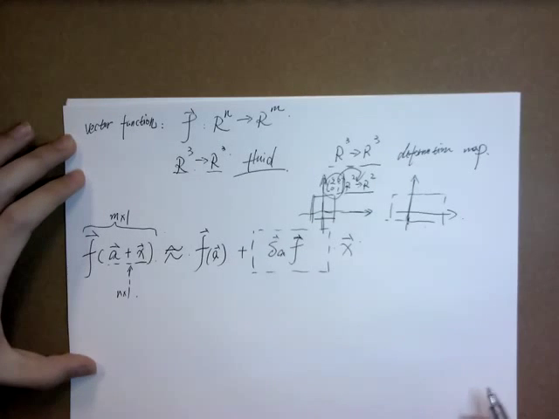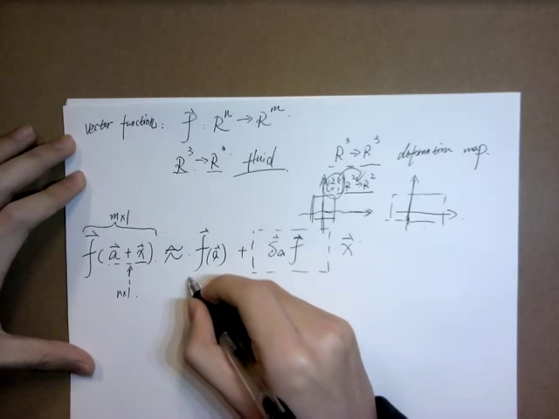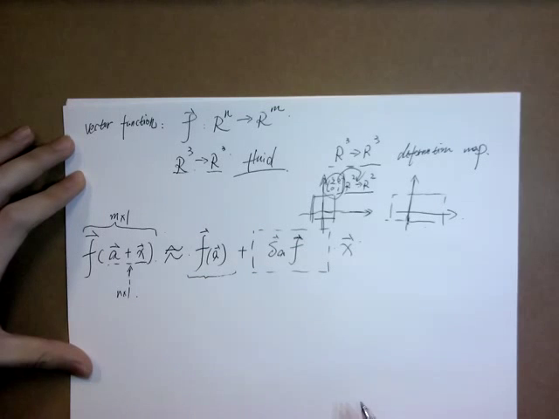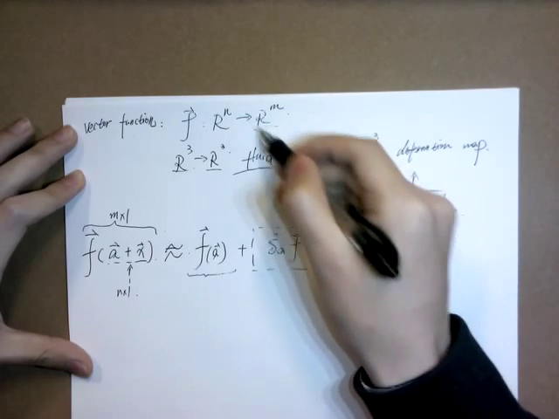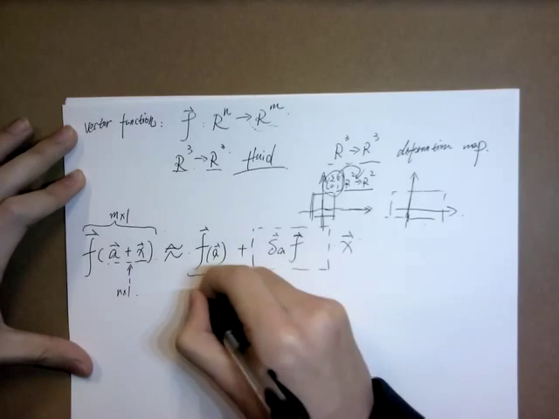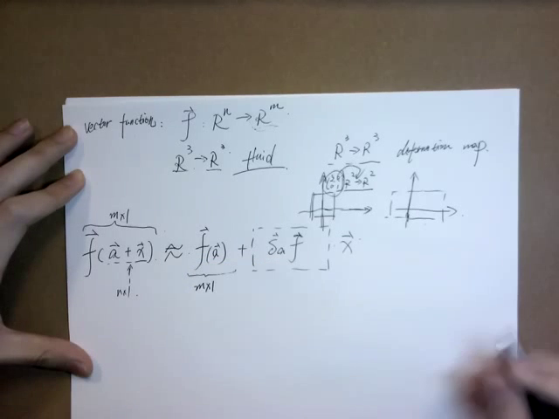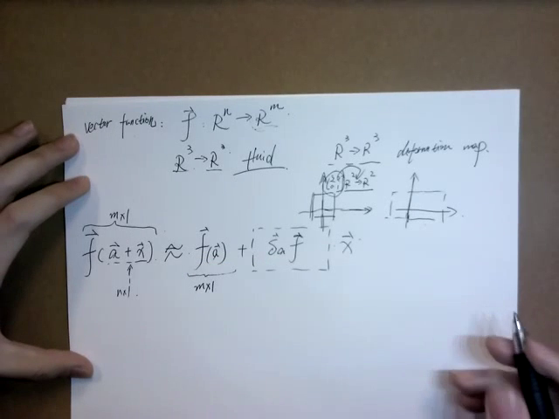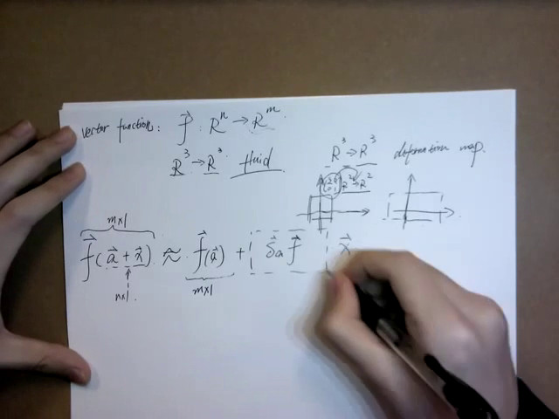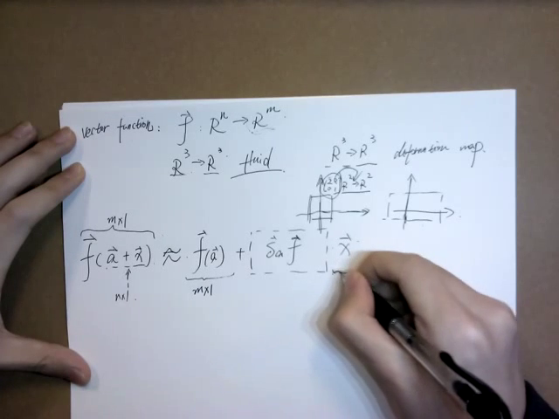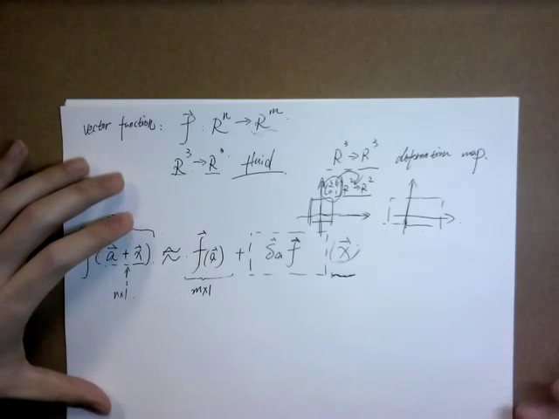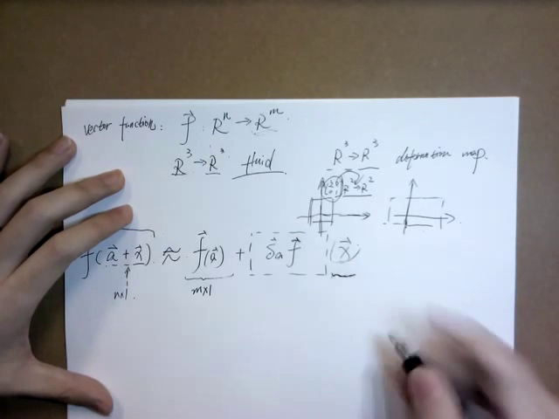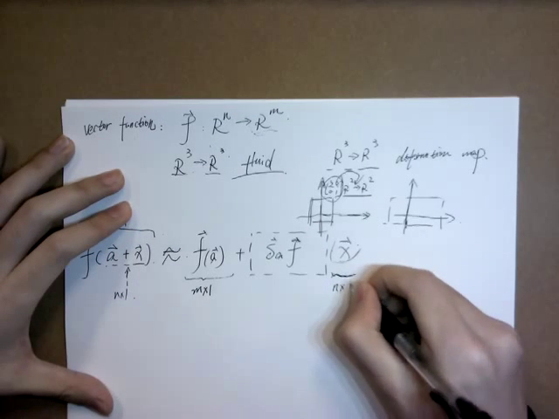Right? So now what's the dimension of this thing? Because this is a vector function, it maps everything into Rm. So the dimensionality of this is m by 1. And what about this thing? The variable x is in the n-dimensional space, so it's going to be n by 1.